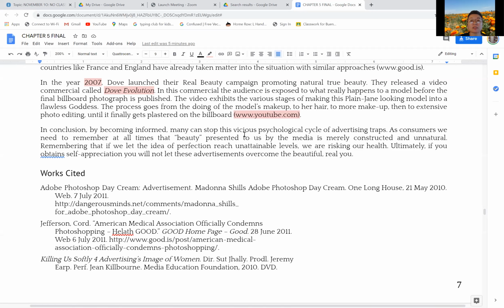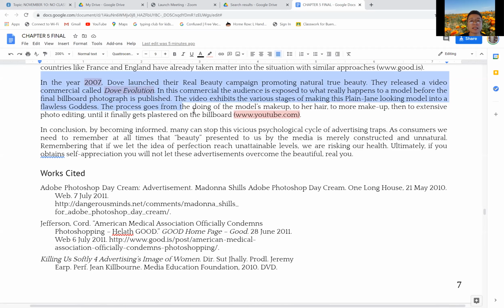The video exhibits the various stages of making this plain Jane looking model into a flawless goddess. The process goes from doing the model's makeup to her hair, to more makeup, then to extensive photo editing until it finally gets plastered on the billboard (www.youtube.com). This is called paraphrasing.